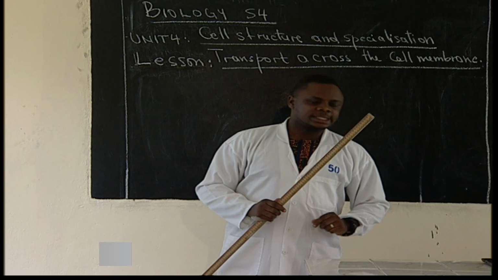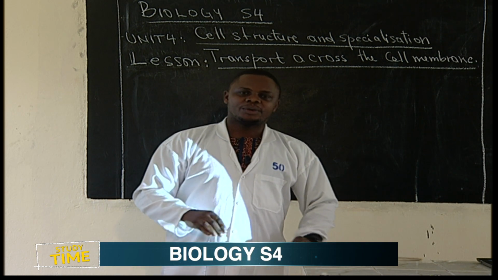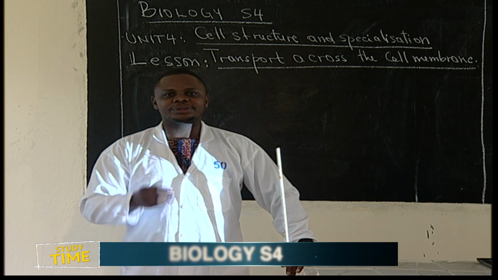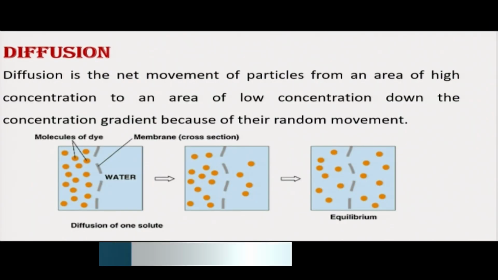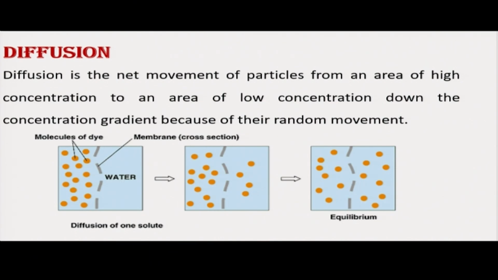Let us discuss one by one. What do you understand when they talk about diffusion? Very good. Diffusion is the movement of materials from the region of high concentration to the region of low concentration through a semi-permeable membrane.